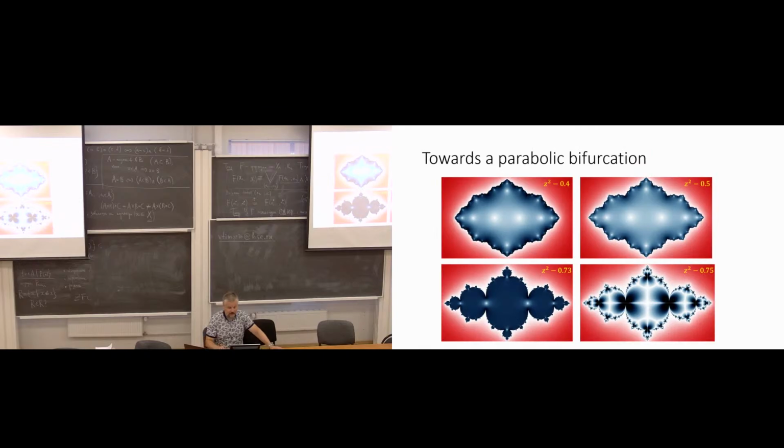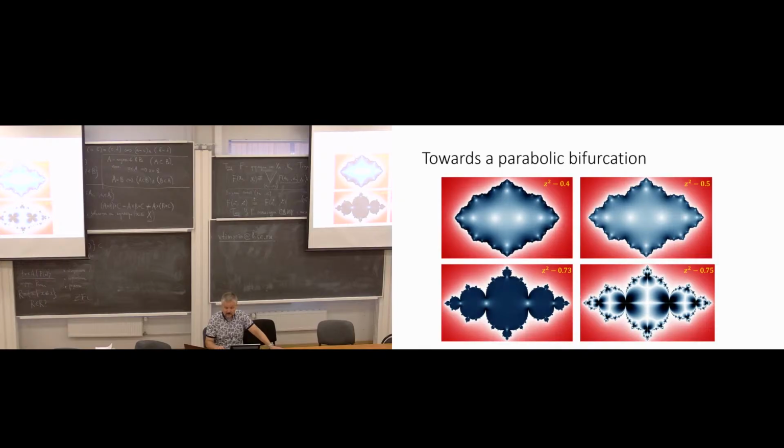Okay. This is what happens if your parameter goes to the value of minus 0.75, that is minus 3/4, from inside of the main component of the Mandelbrot set.